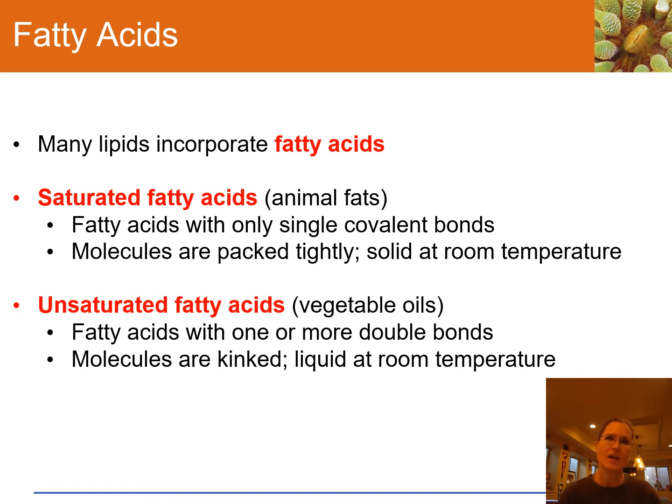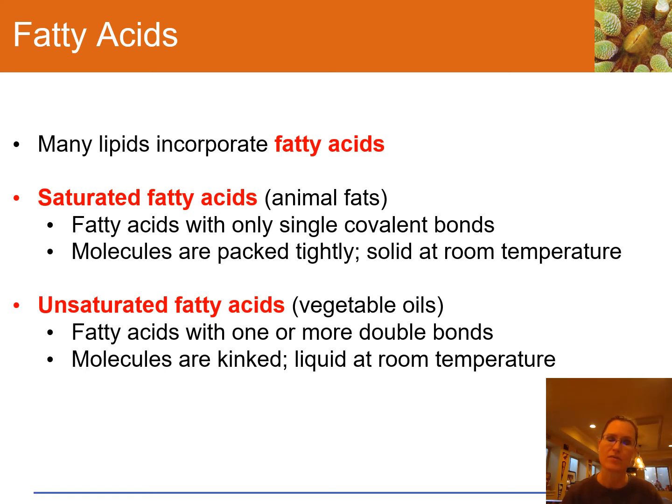Saturated fats means that every carbon, every spot has as many hydrogens as it can hold. It's saturated with hydrogens. Unsaturated is when there's a double bond, and so we don't have as many hydrogens attached to the carbons as could possibly be attached.